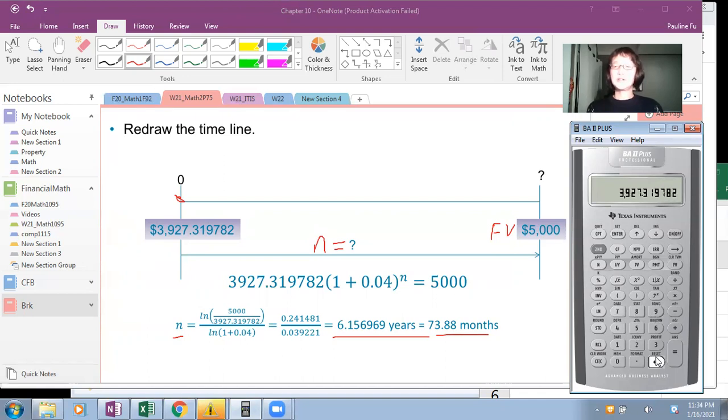This number is negative PV. When PV and FV both show up on the calculator, one of them must be entered negative. Now 5,000 is FV. So 0 is PMT. 4 is interest, I/Y. Compute, term N.